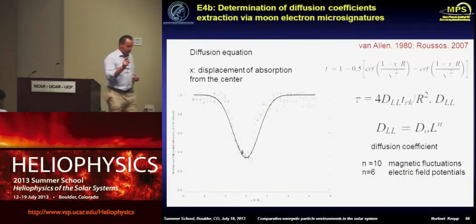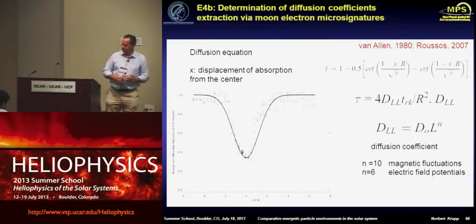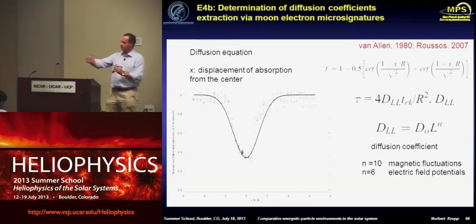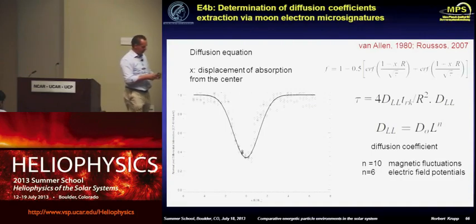Another thing which you can do very nicely by looking at particle distributions is look at absorption signatures due to moons or ring material or neutral torus, and try to identify how long it takes to fill up this gap again. So by looking at various locations relative to the object which caused the absorption, you can find out a sort of a diffusion coefficient by looking at the profile of this absorption.